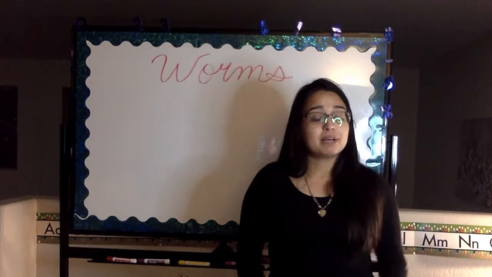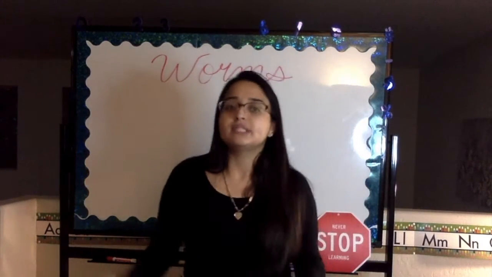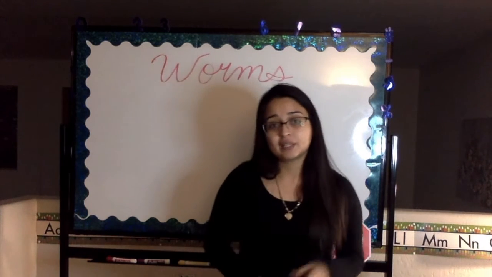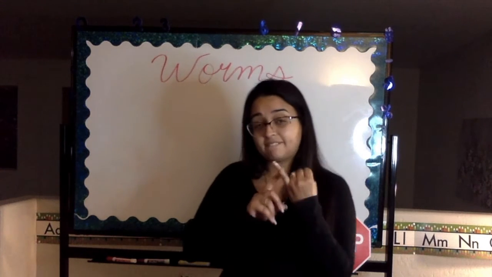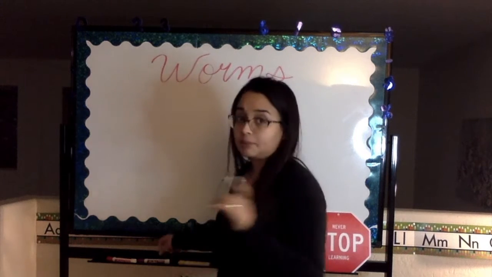Now today I'm actually going to be telling you about 3 types of worms that we're going to be focusing on during this lesson. Okay? So those 3 worms are a flatworm. Let me write them down.